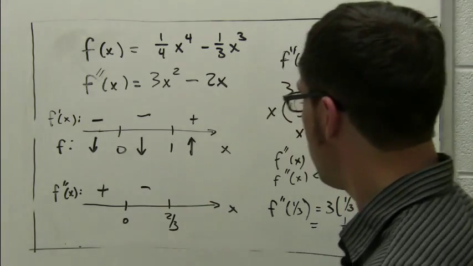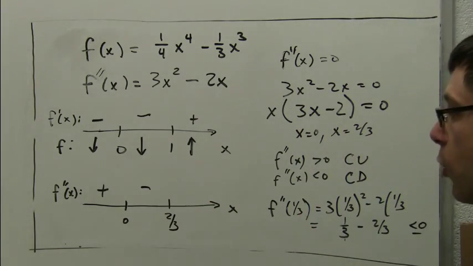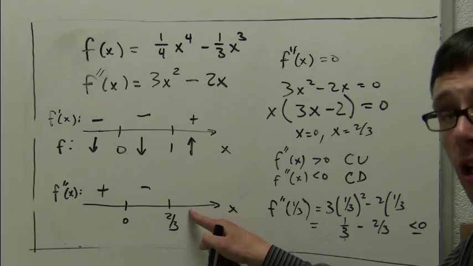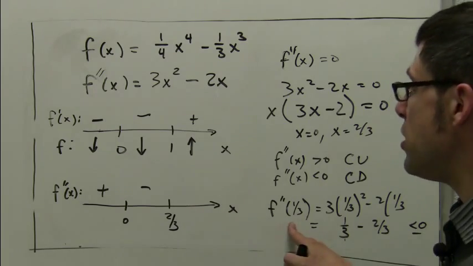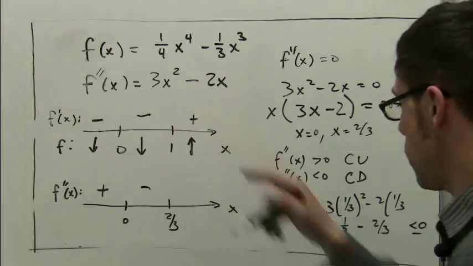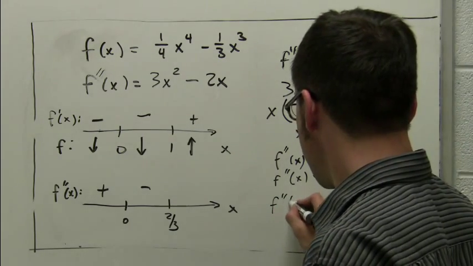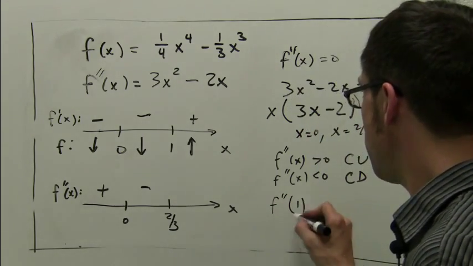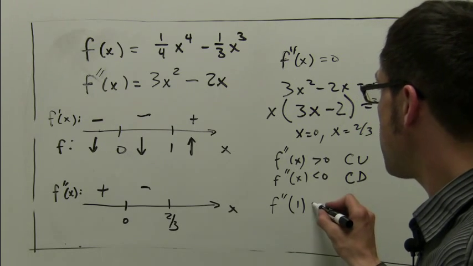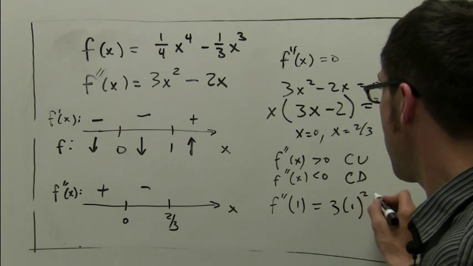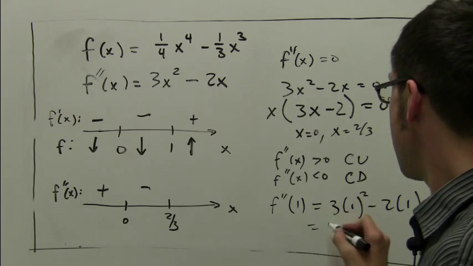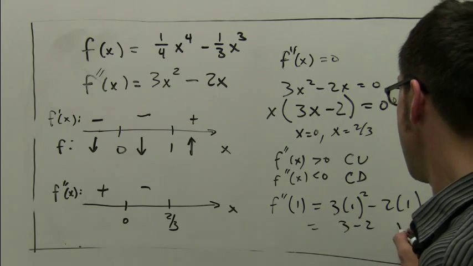So it's negative there. And similarly, I'm going to go ahead and plug in an x value over here in this portion of the domain into the second derivative as a function. Okay, when I do that, I have the second derivative of, let's say, 1, pick an easy value. That's going to be 3 times 1 squared minus 2 times 1, and that's going to be 3 minus 2, which is definitely positive.